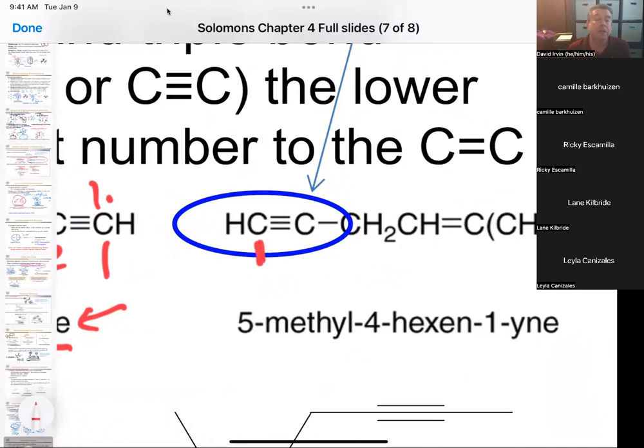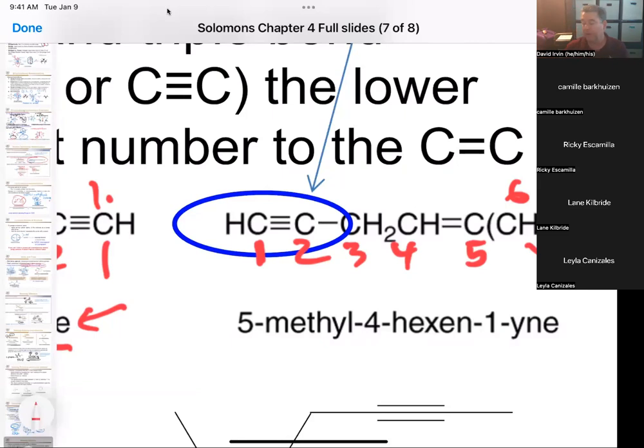This is our 1 position because the alkyne is higher order than alkene, which is higher order than alkane. Just like when we had an alcohol, it would be enol. In the case of an alkyne and an alkene, we're going to have ene. Yne is higher priority.